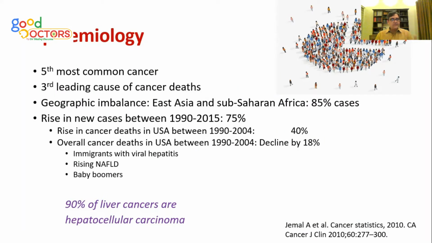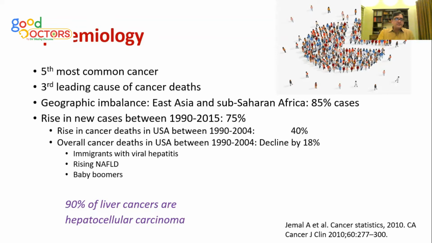The reasons that were identified are: one, immigration of more and more patients with viral hepatitis to the USA; then the rising incidence of non-alcoholic fatty liver disease, which is now becoming a leading cause of liver cirrhosis, liver transplantation and cancers; and then obviously a generation born between 1945 and 1965. They have now lived around 30, 35, and 50 and 60 years. So more and more cancers are being seen in that one particular generation in the USA.